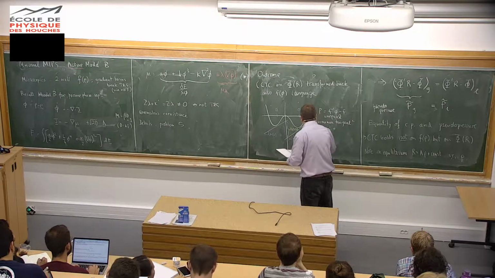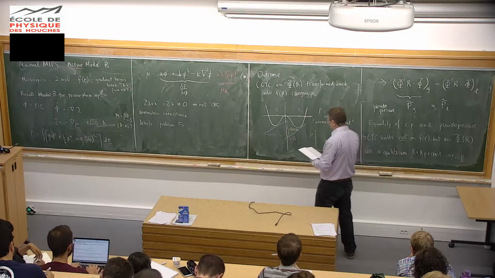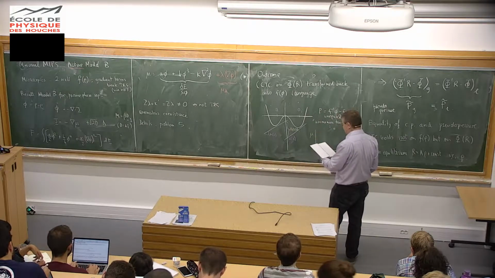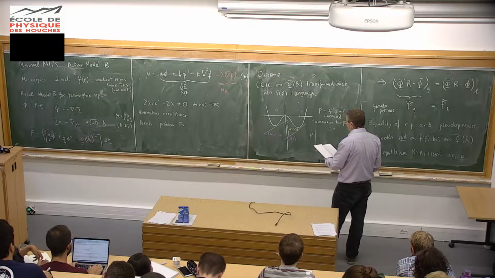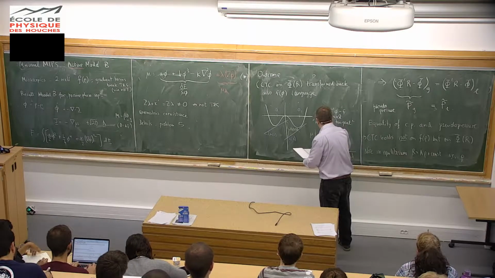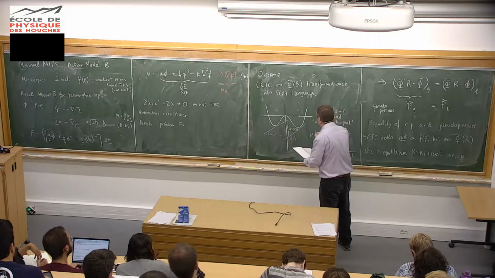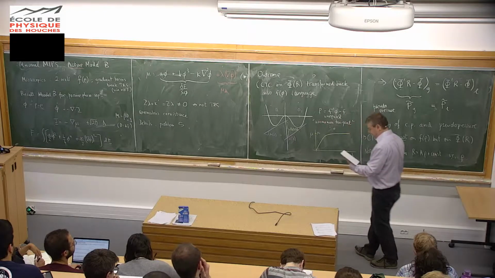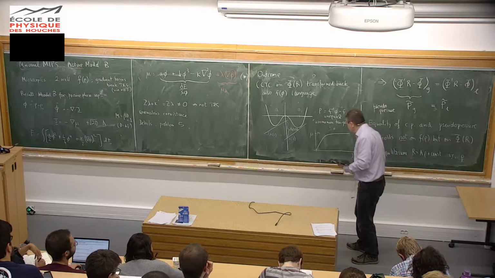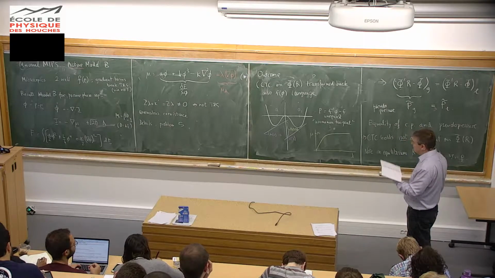So if I just plot mu as a function of lambda, and it will be the same with reversed sign for negative values of lambda, it basically comes up and then saturates at the spinodal slope. Okay. So now we can think about what this means for the phase diagram and how these binodals now vary.